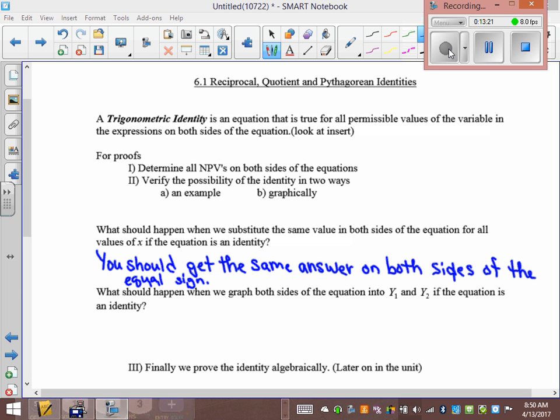Now, does that prove that the statement is true on both sides always, if for one example it works? No, that just shows for that one example it works.